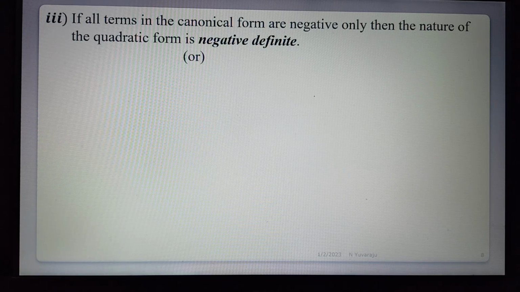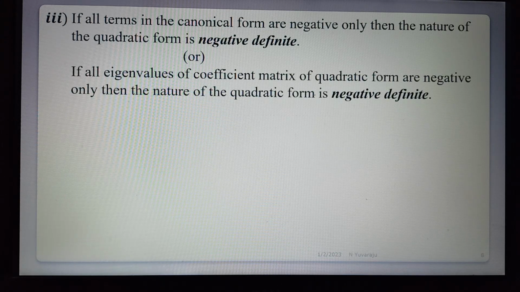Or another one: if all eigenvalues of the coefficient matrix of the quadratic form are negative only, then the nature of the quadratic form is negative definite. It is also the same. All eigenvalues must be non-zero negative, then the nature is negative definite.